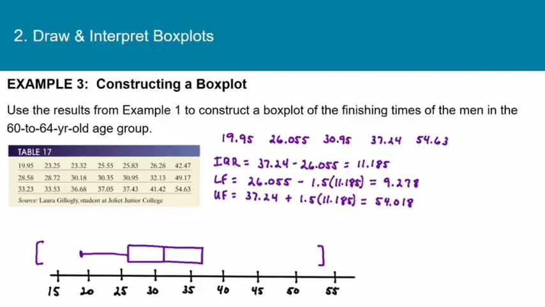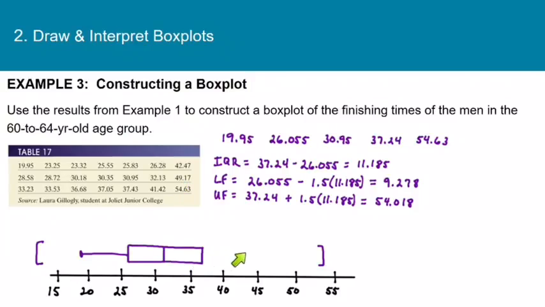And for the right whisker, since I know I have an outlier, I'm going to need to stop my right whisker at the largest value that's still inside the fence. So we'll have to look through our data set for the largest value that's still less than 54.018. So if you look through here, I believe the largest value you can find that's still less than 54.018 is this 49.17 right here.